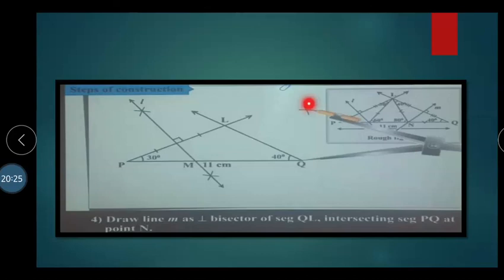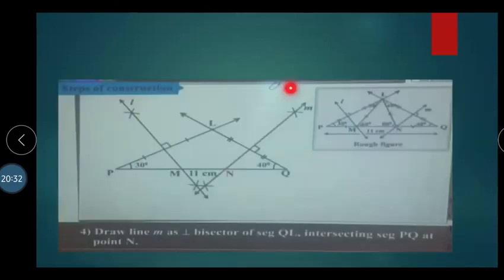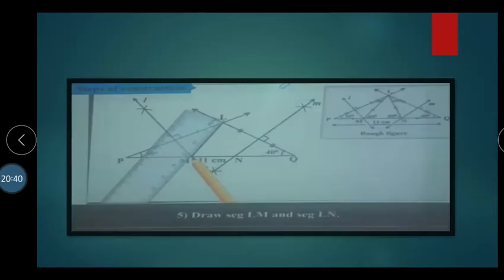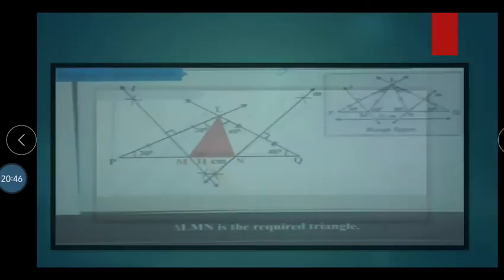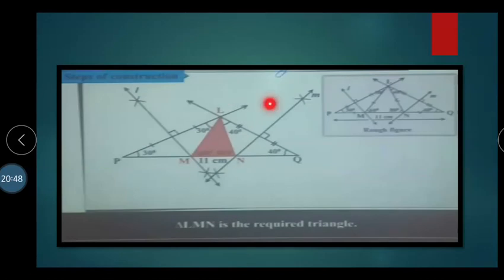A line M will be formed and it will meet at point N. This is the way your perpendicular bisectors will be formed, and they will meet at point M and point N. And the next step is we will draw seg LM and seg LN. So our triangle LMN will be constructed. Therefore, triangle LMN is our required triangle.